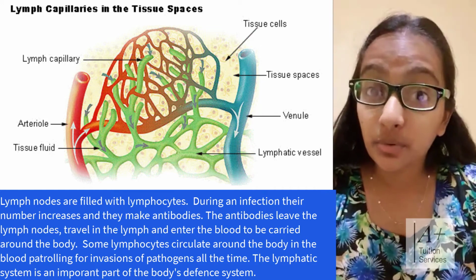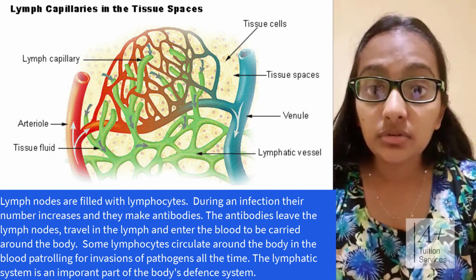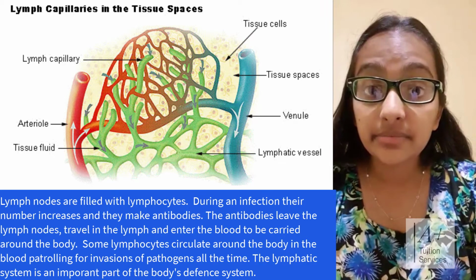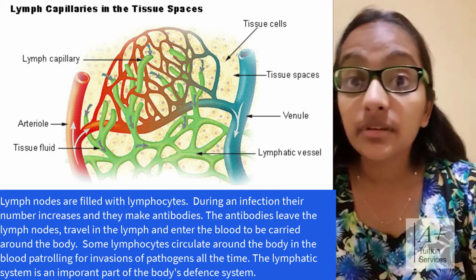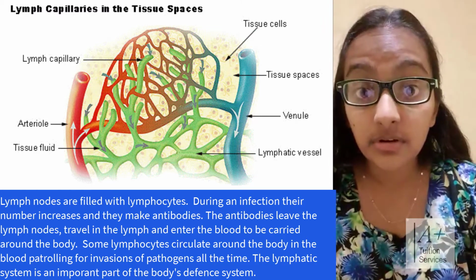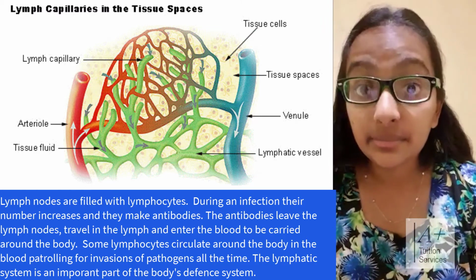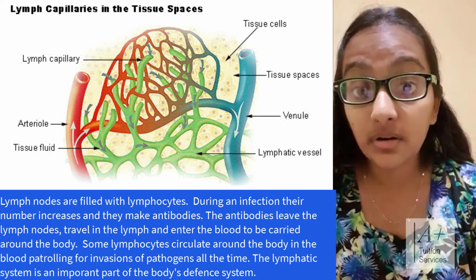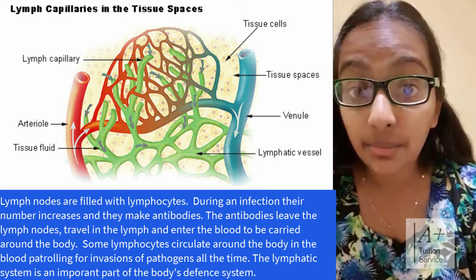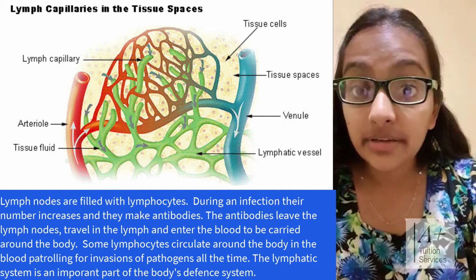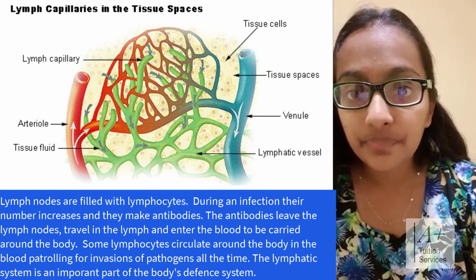Okay, some other points. Sometimes the drainage of the tissue fluid, leaving the spaces surrounding the cells to drain into the lymph vessel, becomes blocked. When this happens, the tissue fluid builds up, leading to swelling. This is known as edema.